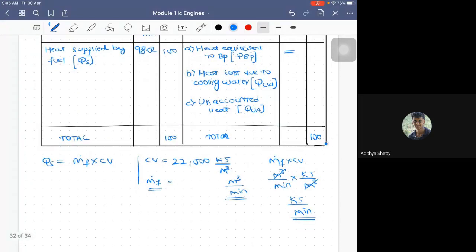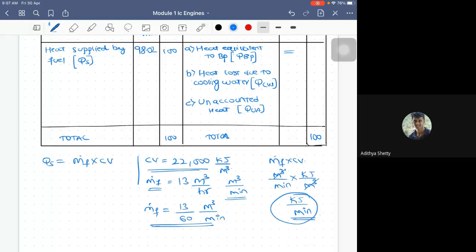So I have to convert this to meter cube per minute. Divided by 60. So it is 13 divided by 60. So this is mf dot, isn't it? Very good.